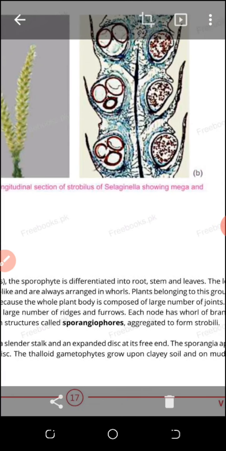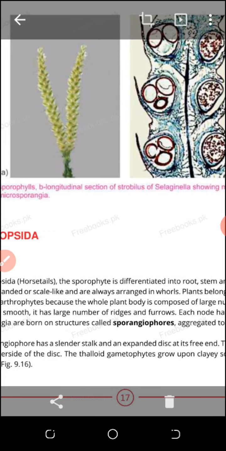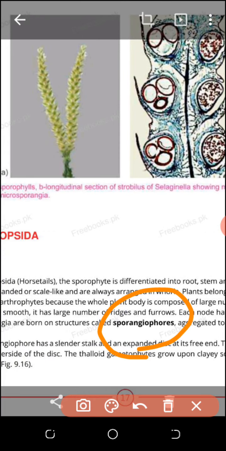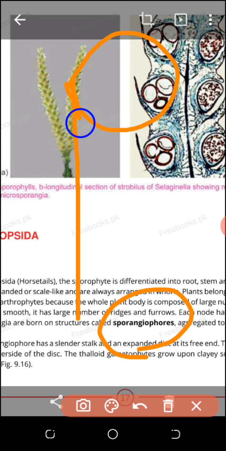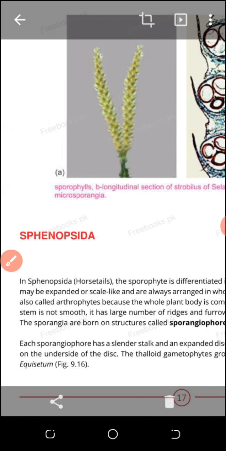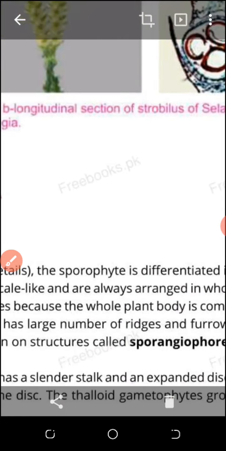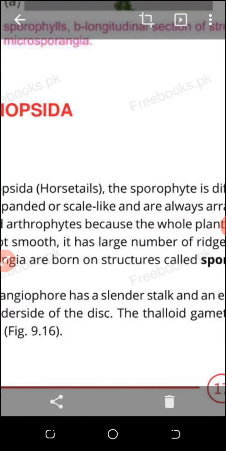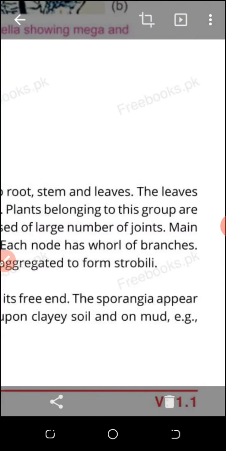Sphenopsida plants consist of a stalk in which sporangium is present. Sporangia, you know, is a structure in which spores are produced. The stalk of Sphenopsida is called sporangiophore. Another point about these Sphenopsida, they are called arthrophytes. Why are they called arthrophytes?